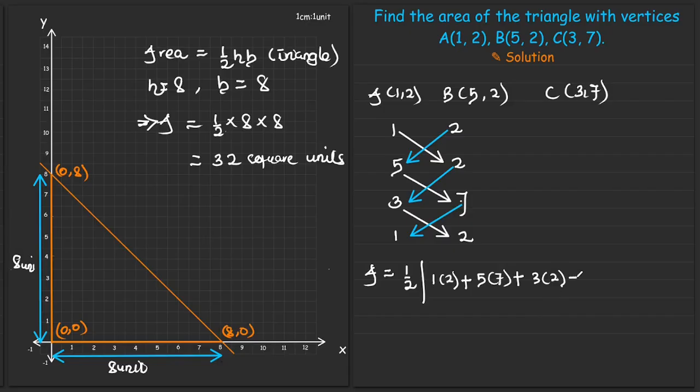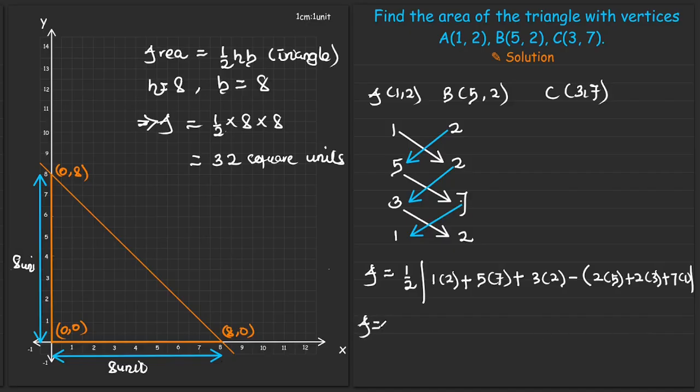After which we bring our minus, so minus everything that follows. Into bracket, 2 times 5, then plus 2 times 3, then plus 7 times 1. Let's do our simplification.